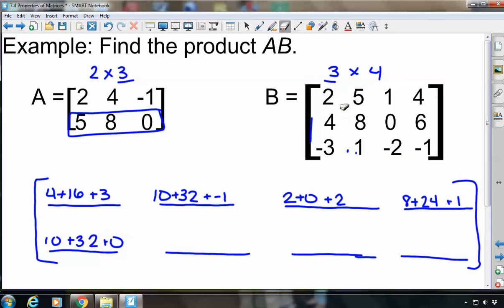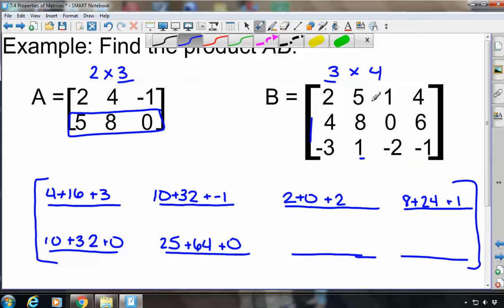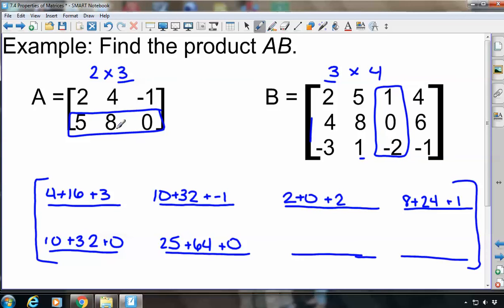Row 2, column 2. So 5 times 5 is 25. 8 times 8 is 64. 0 times 1 is 0. Row 2, column 3.